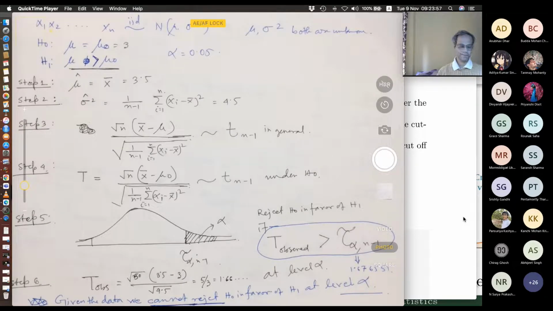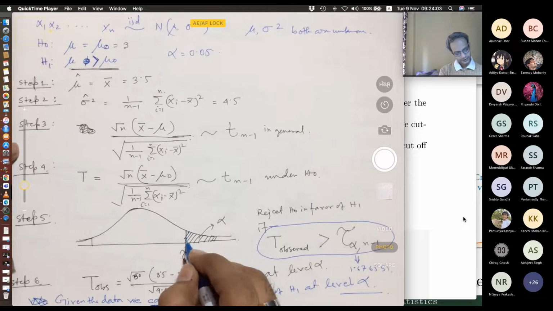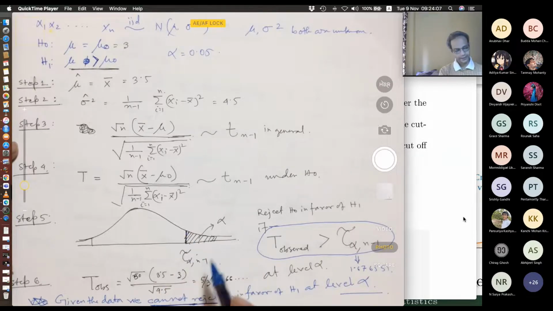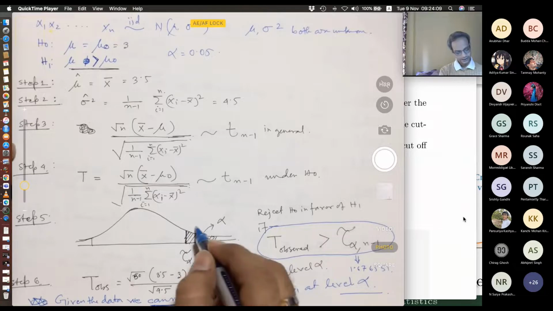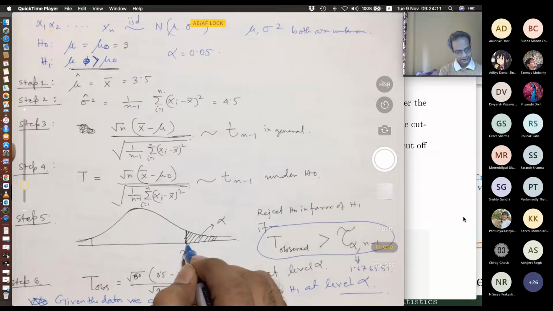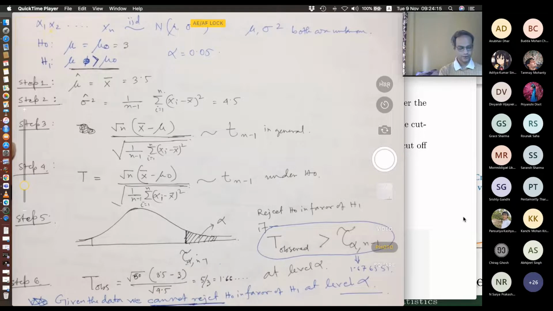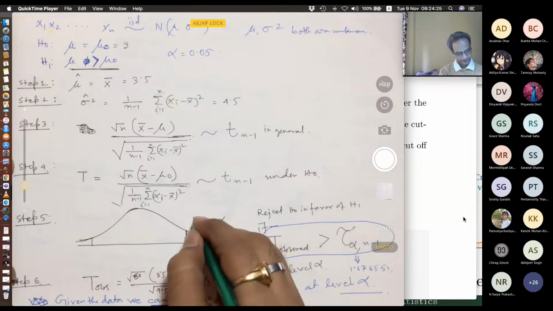Now, the test rule is saying that if the observed value of the test statistic is larger than this cutoff, you will reject the null hypothesis. Suppose here is your T observed.